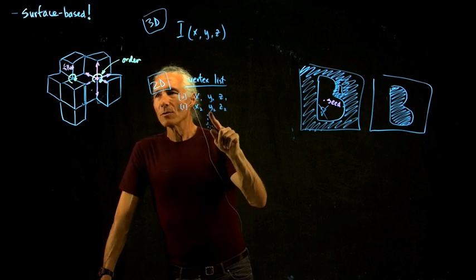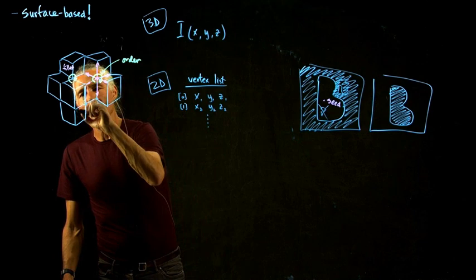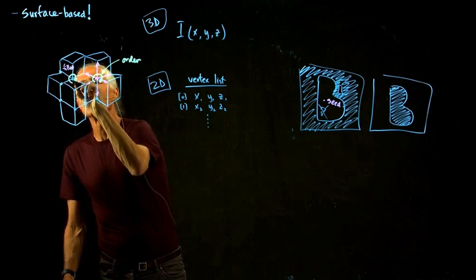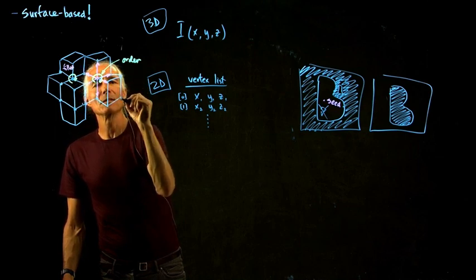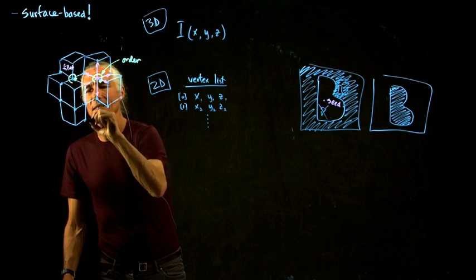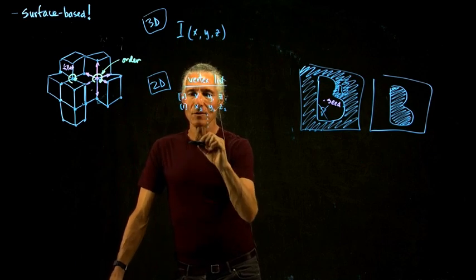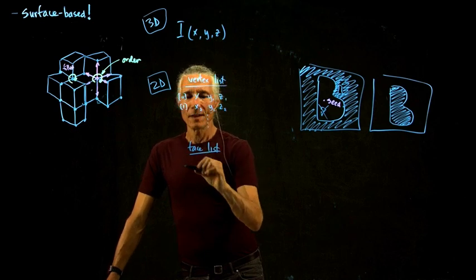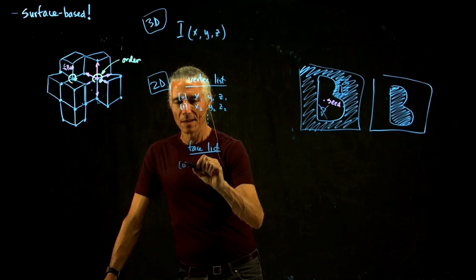But this doesn't say who's connected to who. This just says where the location of each of these vertices is. At each intersection here, there's a vertex, and it's got XYZ coordinates. The vertex list just gives us those dots. It doesn't say who the neighbors are. So what do you need to find out the neighbors? Usually you have a face list, and the face list is also implicitly numbered, so like face 1, you don't put the number in there, because who needs the number, they're all in order.